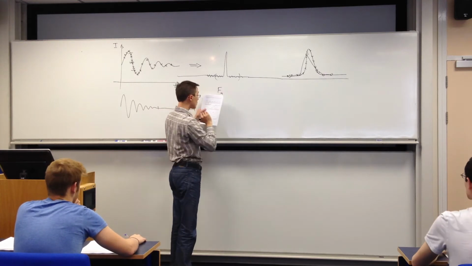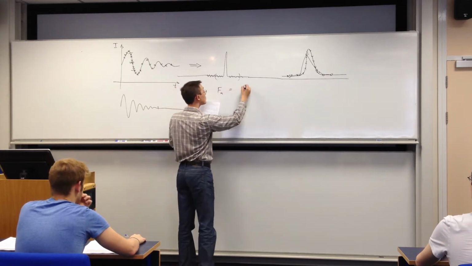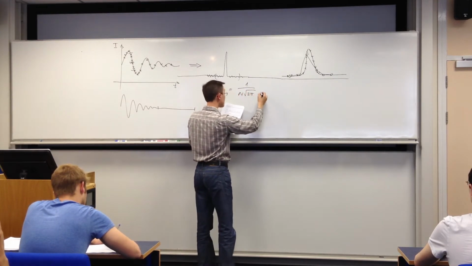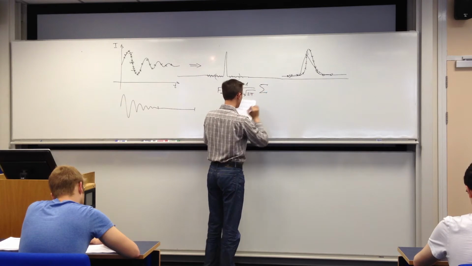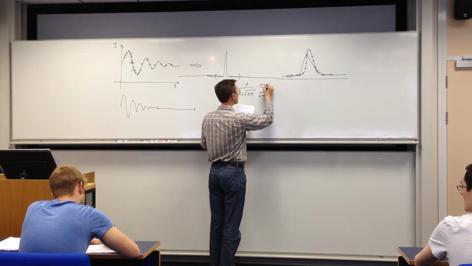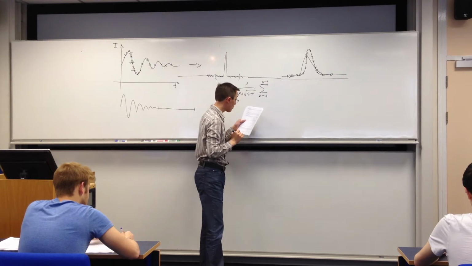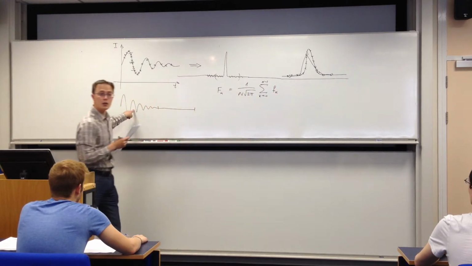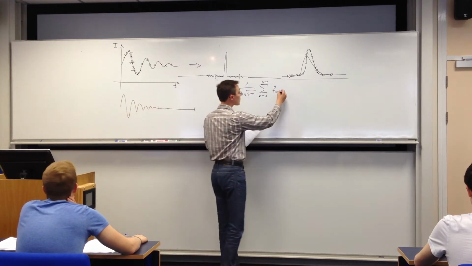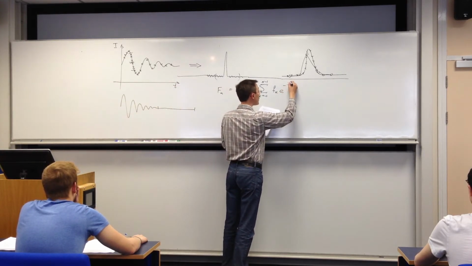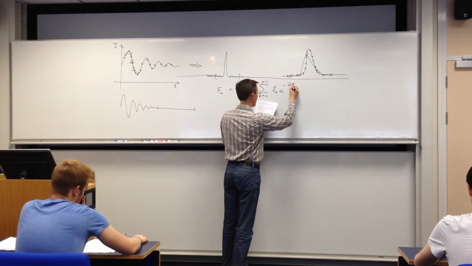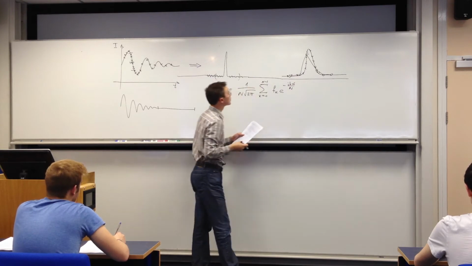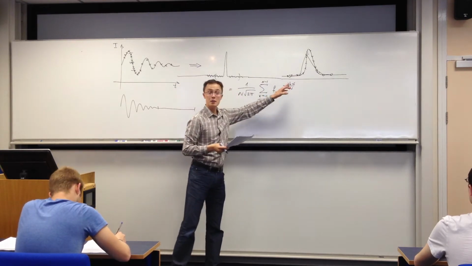So the nth point of that spectrum would be the discrete Fourier transform, so that would be 1 over the normalization factor, root n over 2 pi. The Fourier integral becomes a sum from k equals 0 to n minus 1, where n is the number of points in there. f_k, that's the kth point in the free induction decay, times the Fourier term e^(-ikn/N), which is again the normalization factor, and k would be the time index in there.